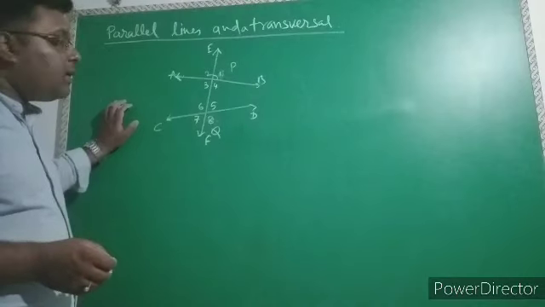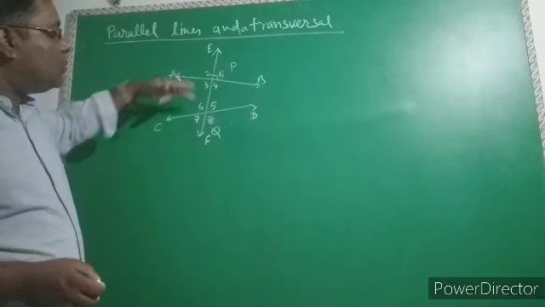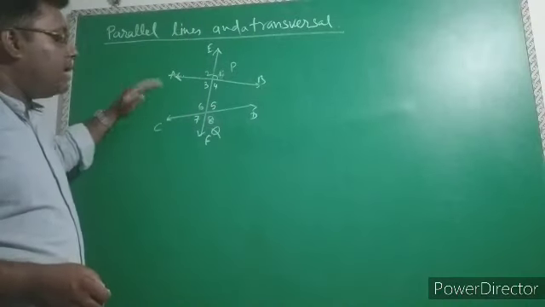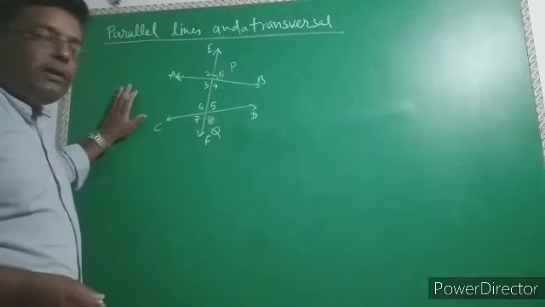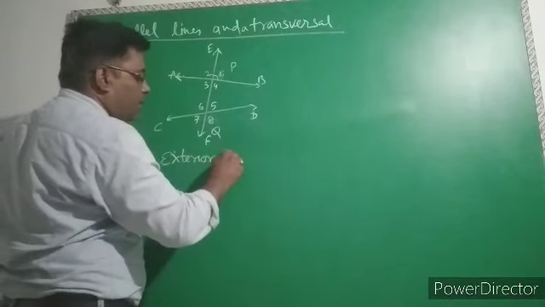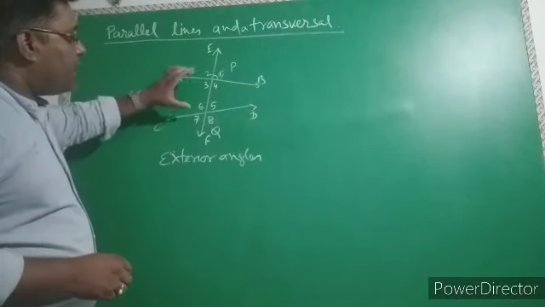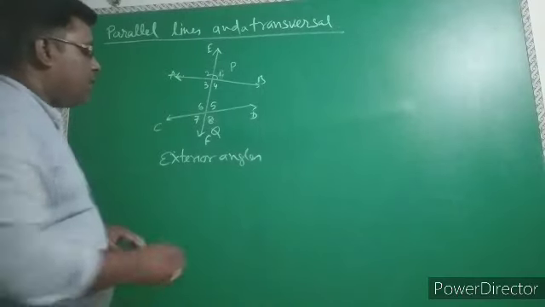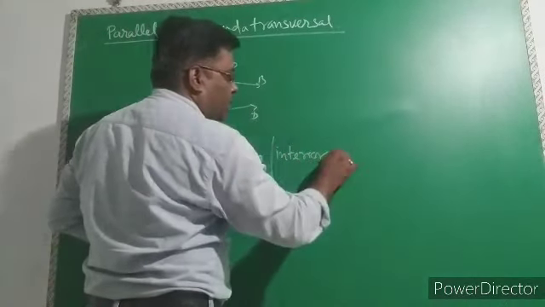Now recall the names of these angles. Angles 1, 2, 7 and 8 are outside the lines AB and CD, so they are called exterior angles. And angles 3, 4, 5, 6 are inside the lines AB and CD, so they are called interior angles.